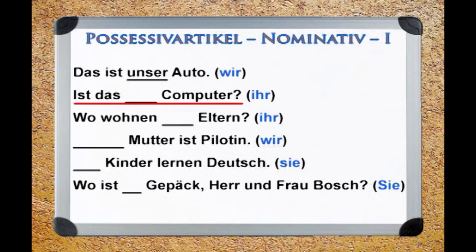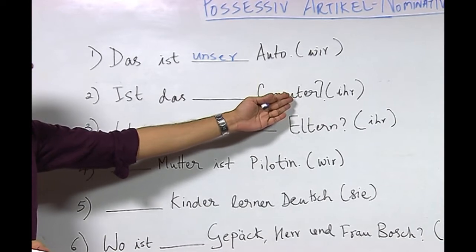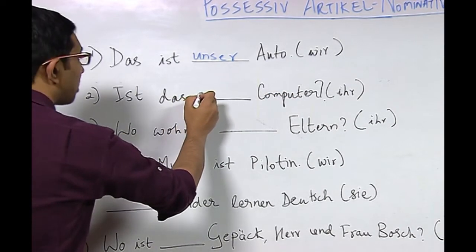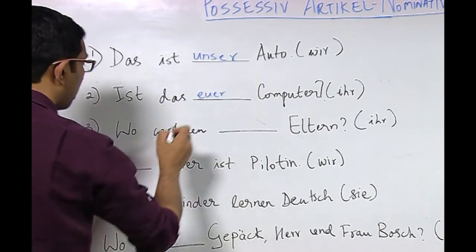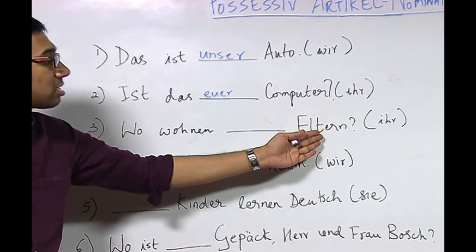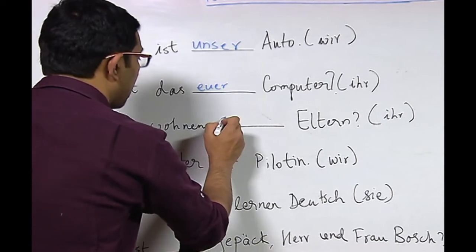In bracket we have the pronoun ihr, and we know that for the noun computer article is der Computer. So, we write here the possessive article euer. Now, for sentence number 3, wo wohnen Eltern? Here we have the pronoun ihr and Eltern, which is in the category plural, we write the possessive article eure.